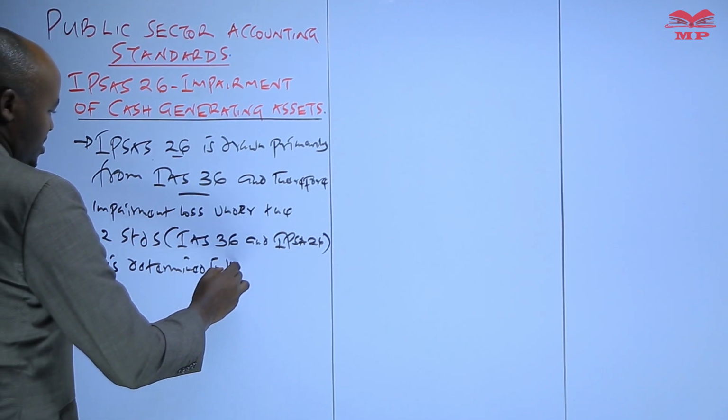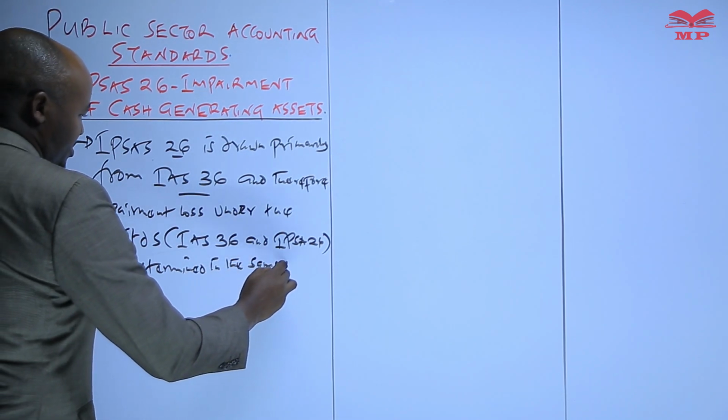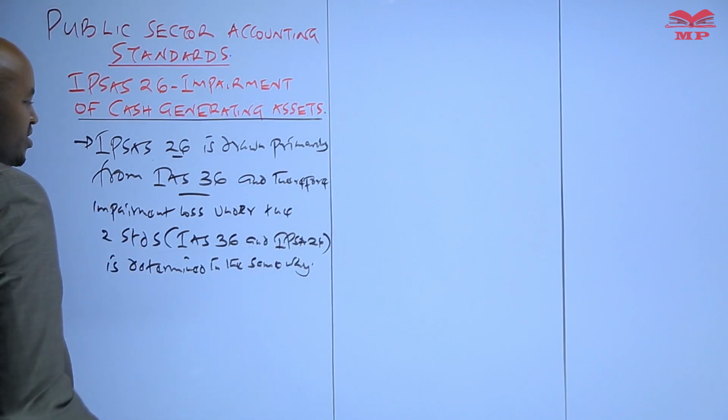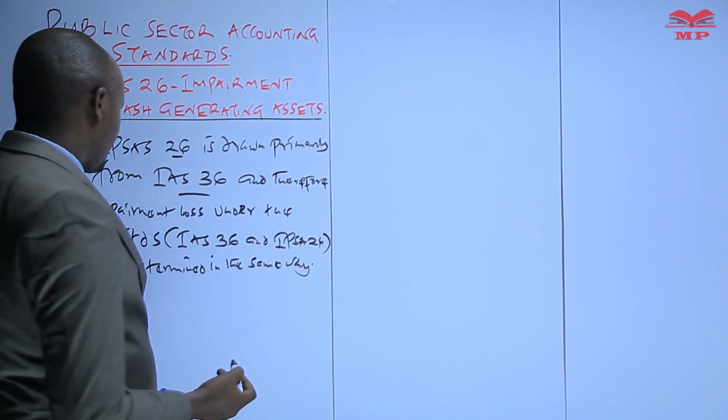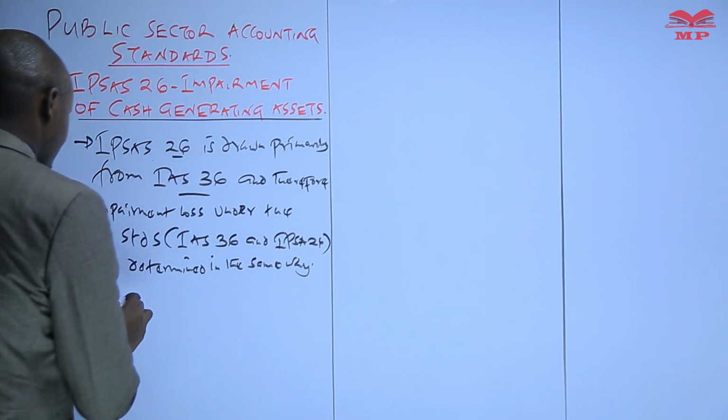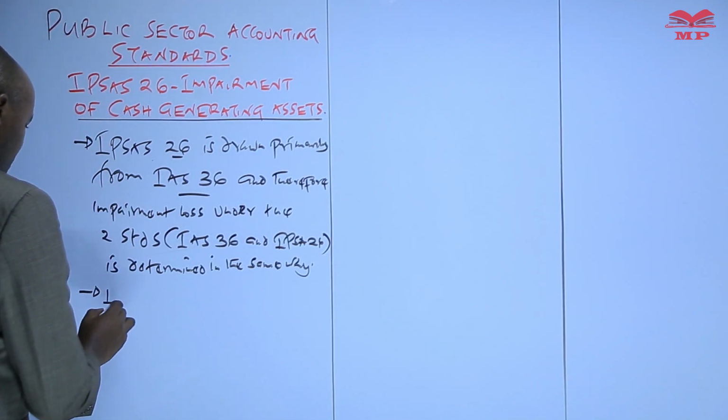Let's look at how we determine this impairment loss under the two standards.